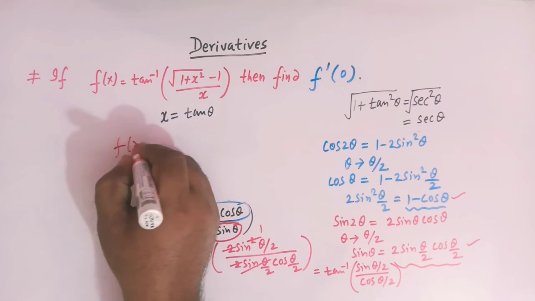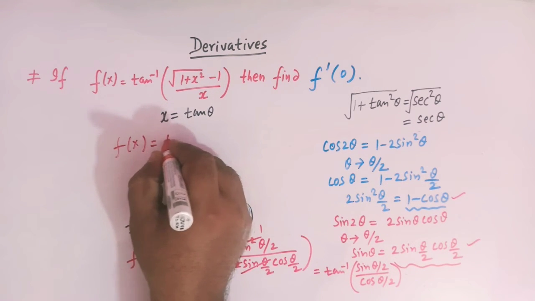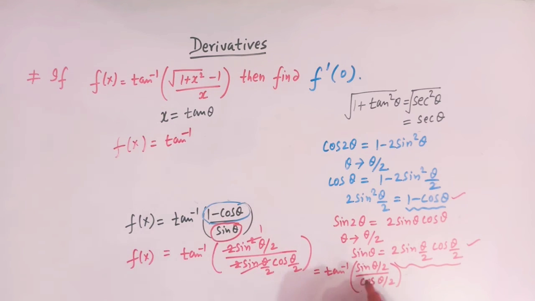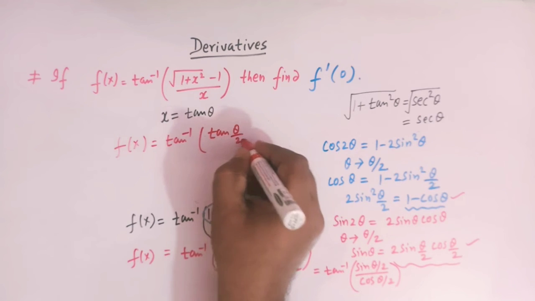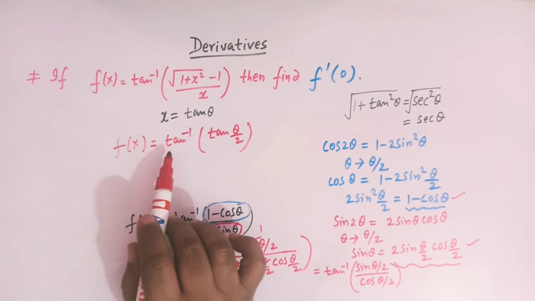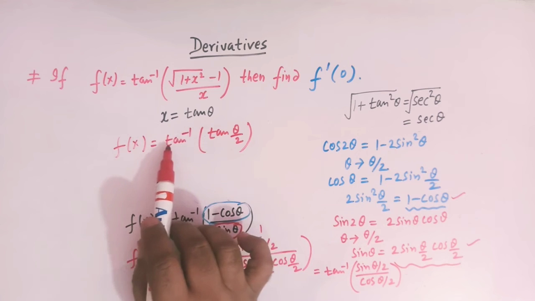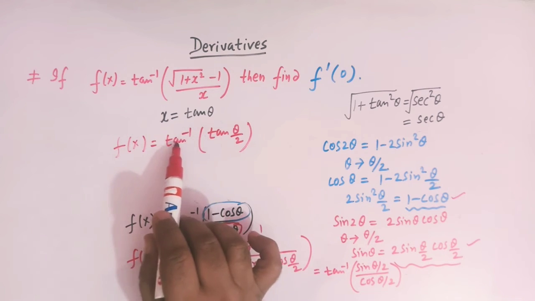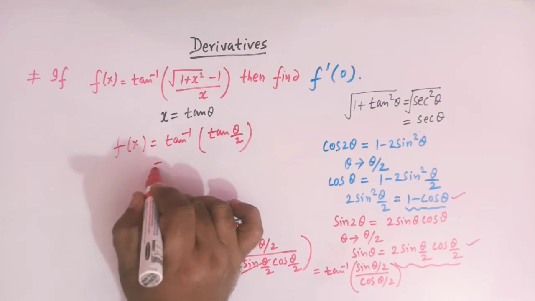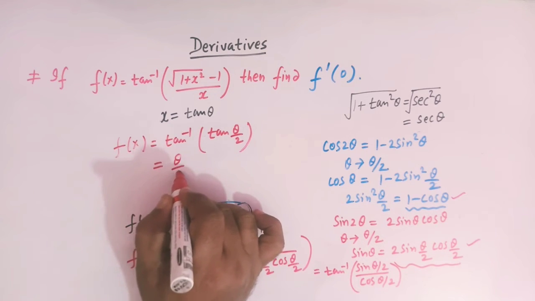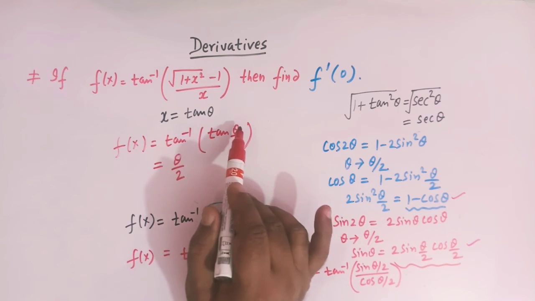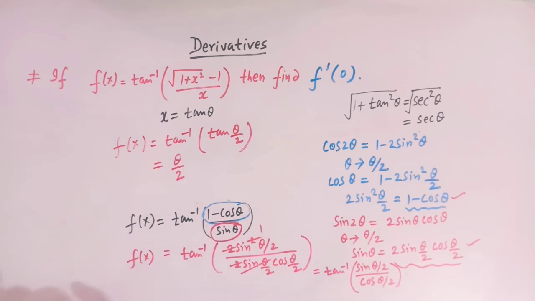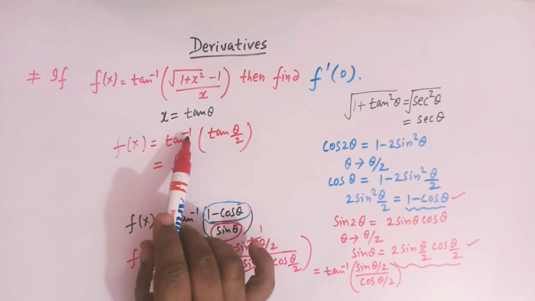So f of x is now equal to tan inverse of tan theta over 2. From the inverse trigonometric function, tan inverse and tan get cancelled, and we are left with simply theta over 2, provided that this belongs to the principal branch of tan inverse.